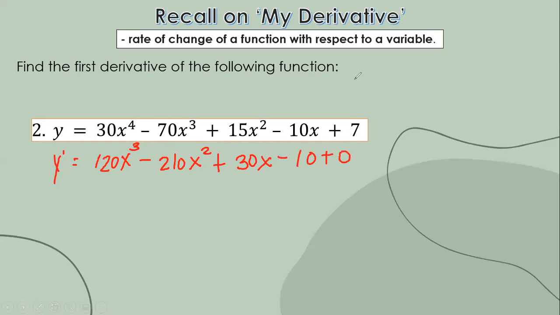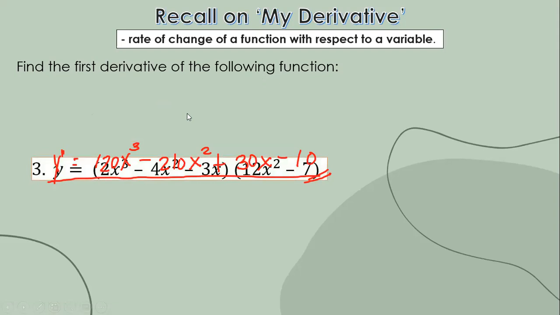Pwede na nating hindi ilagay yung plus 0. So this is the final answer for number 2. As we can see, gamit na gamit yung power rule. Meron lang coefficient sa unahan.